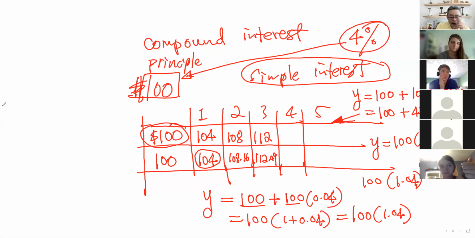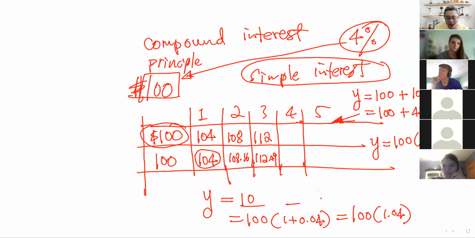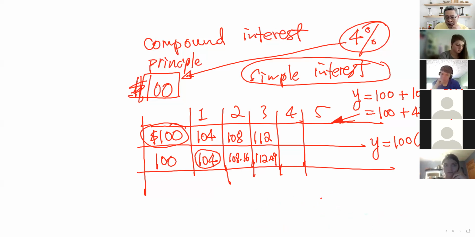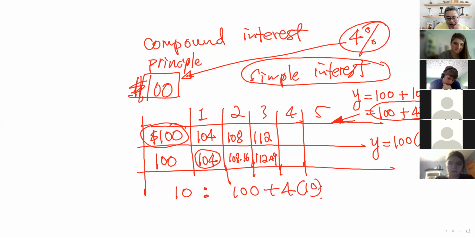Now you can see that in the top one, simple interest, the variable t gives a linear function, but the second one is on top of that. Let's see after 10 years what the difference is. In 10 years, the simple interest is 100 plus 4 times 10, that's 100 plus 40, which is $140.